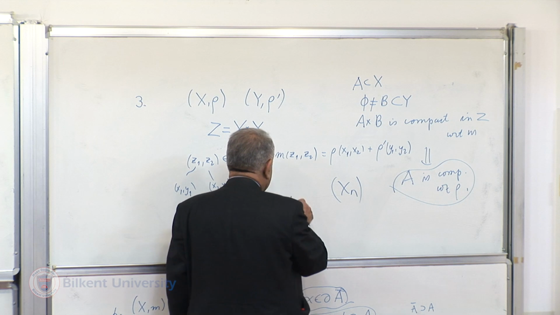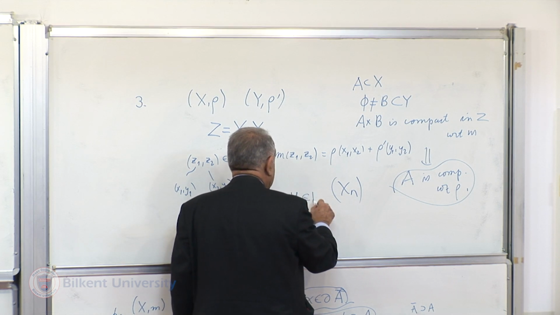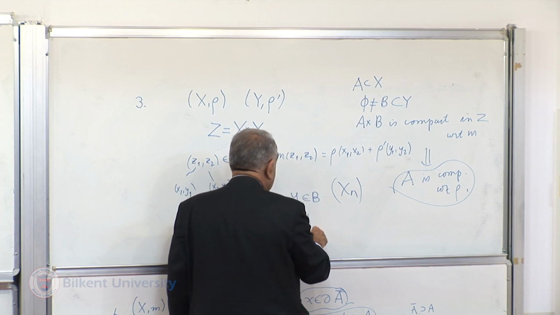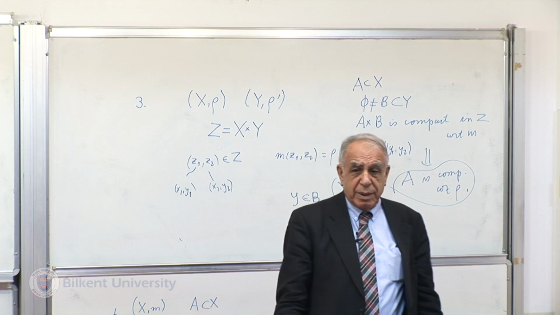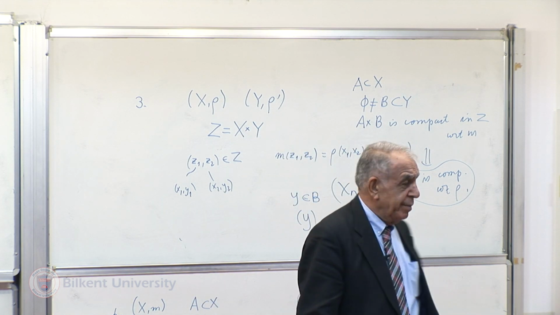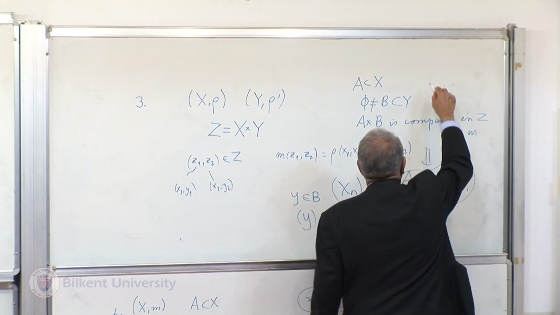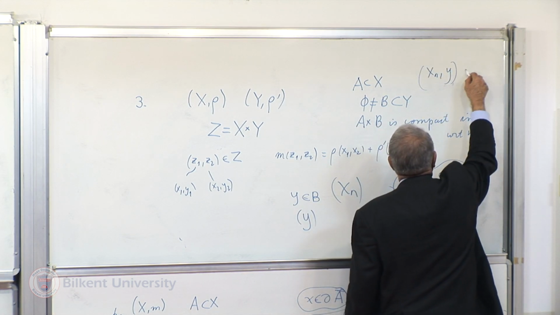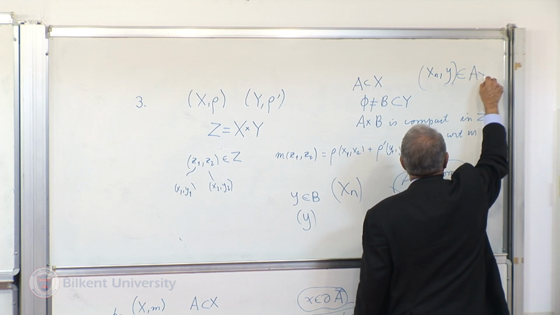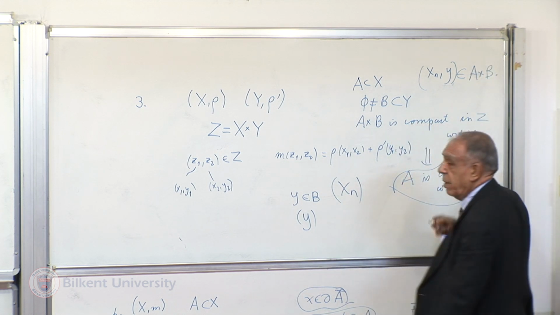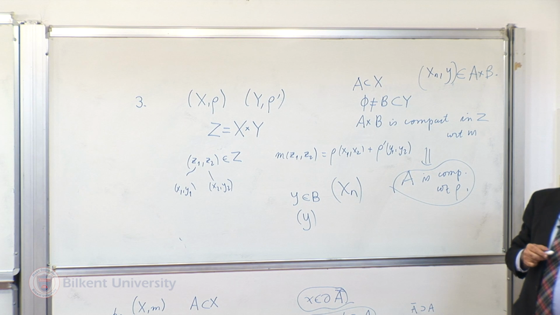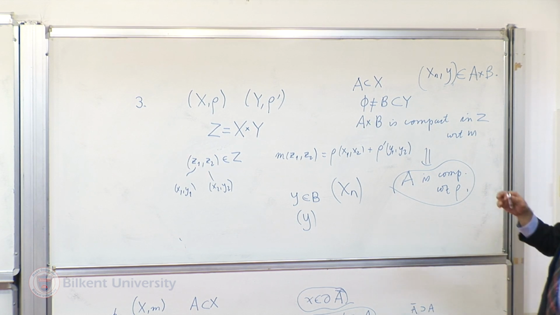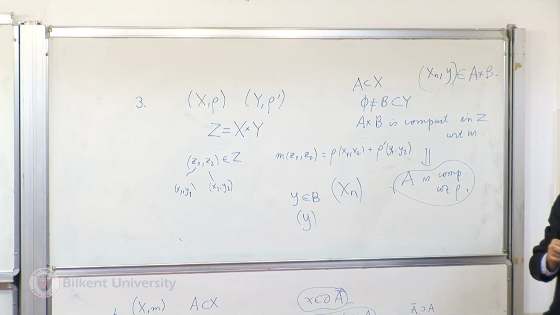So let me just take some y in B and let me consider the constant sequence y in B. And then (xn, y) will be a sequence in A cross B. What do we know about A cross B?